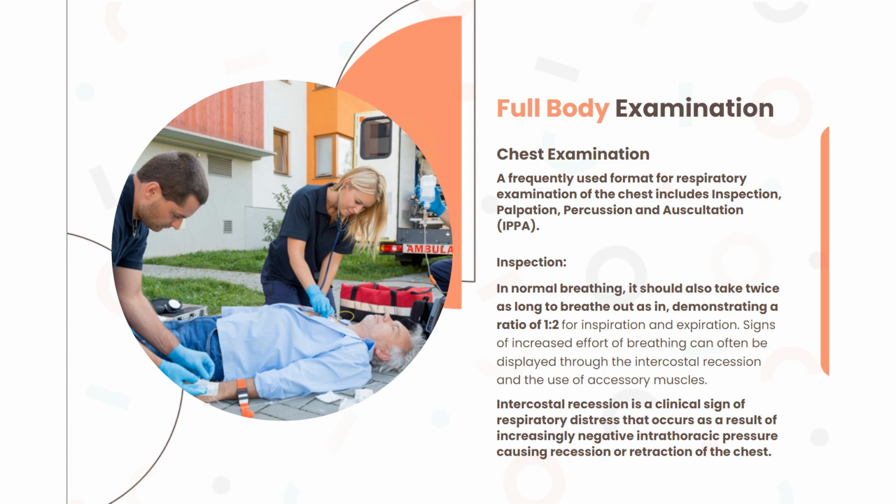Signs of increased effort of breathing can often be displayed through the intercostal recession and the use of accessory muscles. Intercostal recession is a clinical sign of respiratory distress that occurs as a result of increasingly negative intrathoracic pressure causing recession or retraction of the chest.